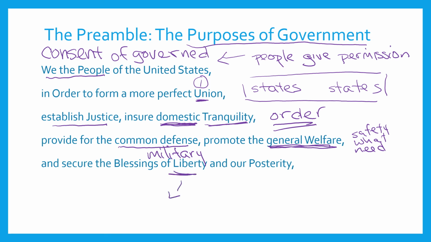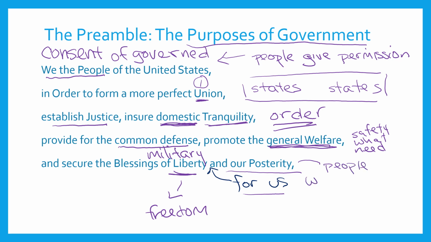Liberty is freedom. And I just discovered that this is missing a couple words. It should say for us. So to secure the blessings of liberty for us and our posterity, where posterity is the people who come after us.